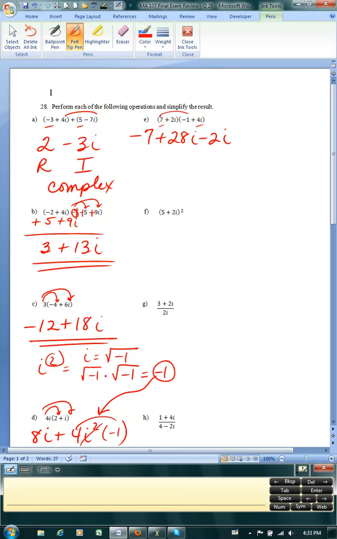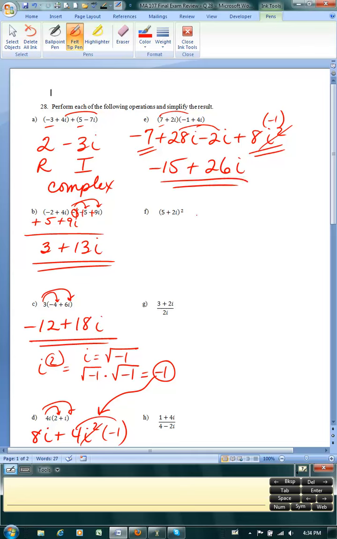And the last, 2i times 4i is 8i squared. And i squared is negative 1. So we end up with a negative 7 and a negative 8, giving me a negative 15. 28i minus 2i is 26i.